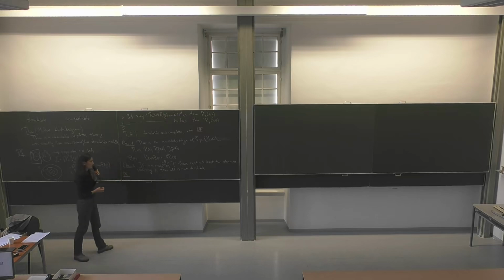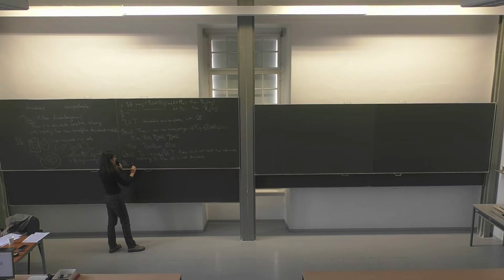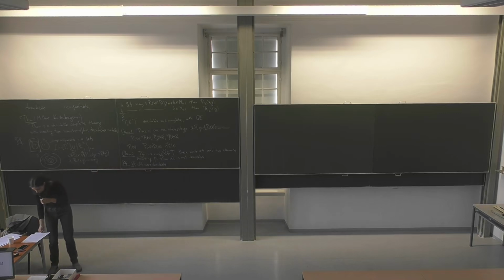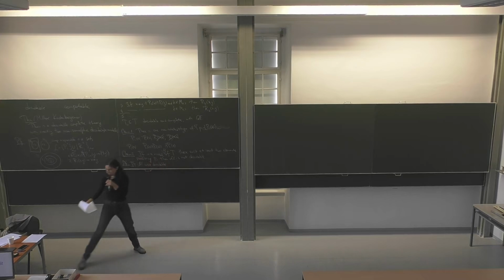How do we prove it? We assume that M is decidable. If M were decidable, then we consider the following sets.